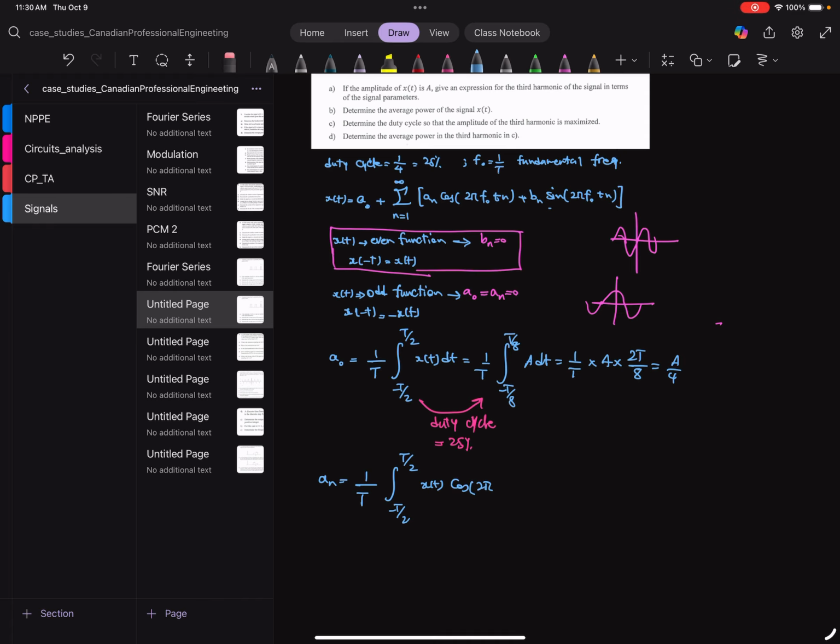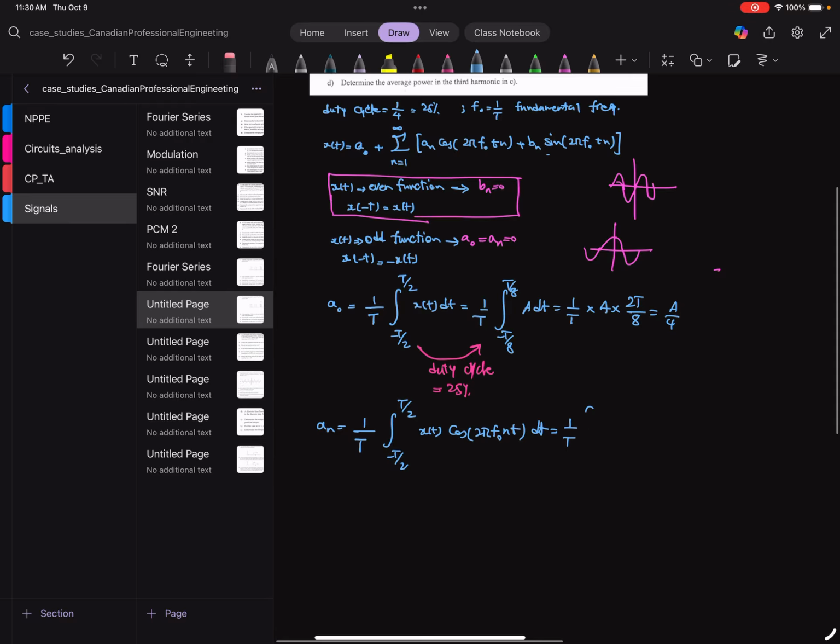Then we have an, which is 1/T times the integral from minus T/2 to T/2 of x(t) cosine(2 pi f0 n t) dt. Again, because of the duty cycle, only 1/4 of the cycle is non-zero, with value A, and then cosine(2 pi f0 n t) dt.